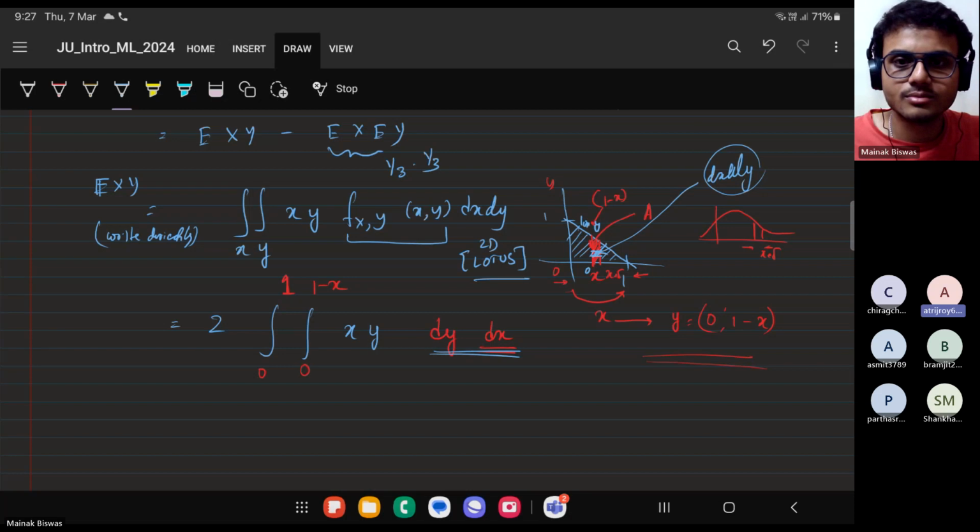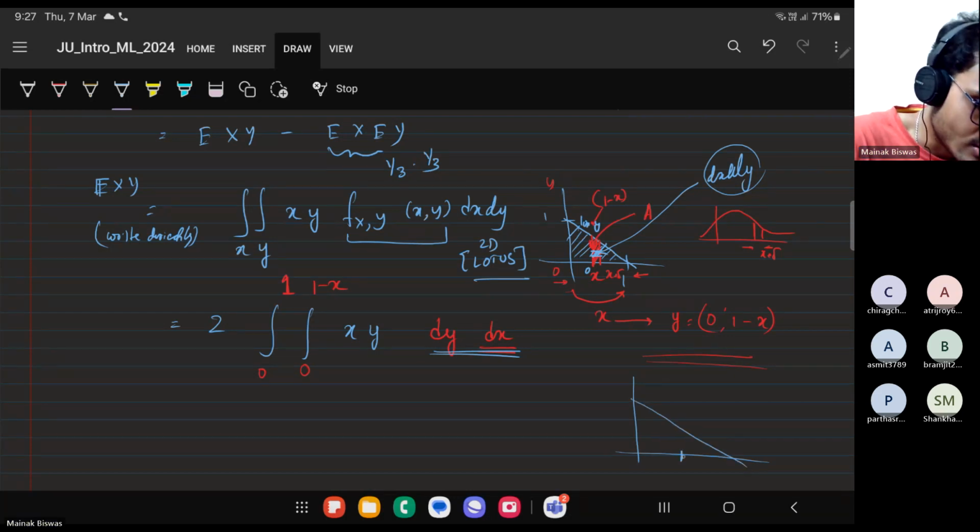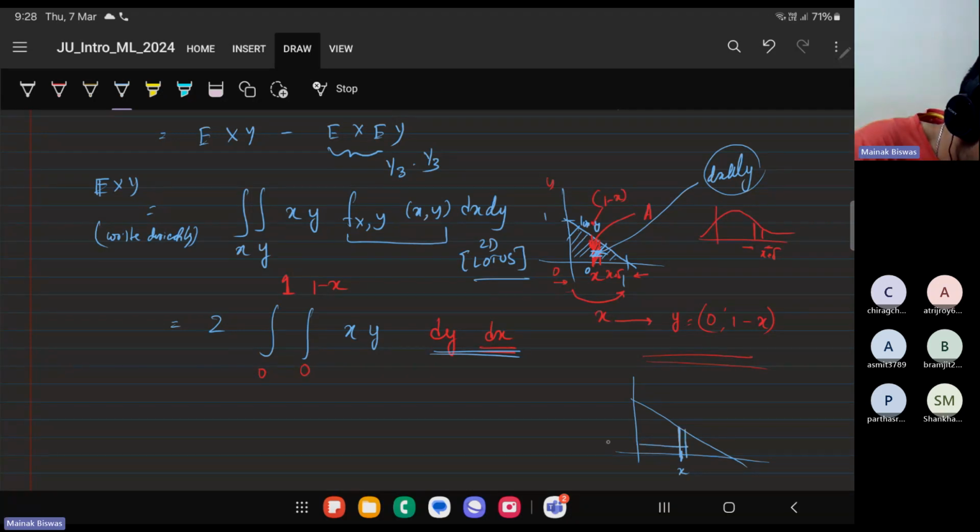Just one thing for curiosity. Suppose f of xy is in terms of x and y, a function is given. When we are integrating for the dy part, we have to keep x constant and do that. Exactly, that's what I'm doing, right? Very good. You keep x constant and then see all the values of y, and then you can go from y to y plus delta.